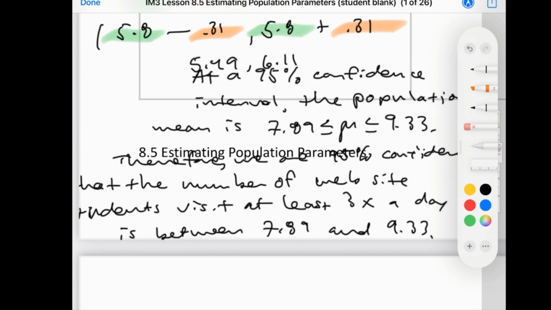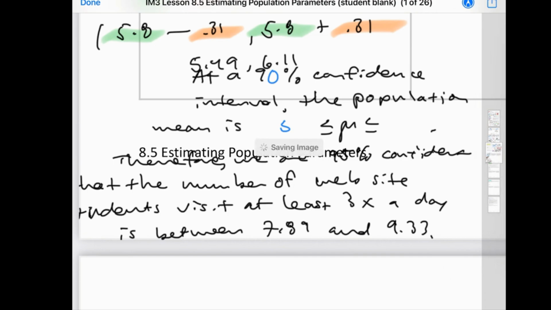Alright, let's do some erasing. At a 90% confidence interval, the population mean is, what was our answer? 5.49 to 6.11.